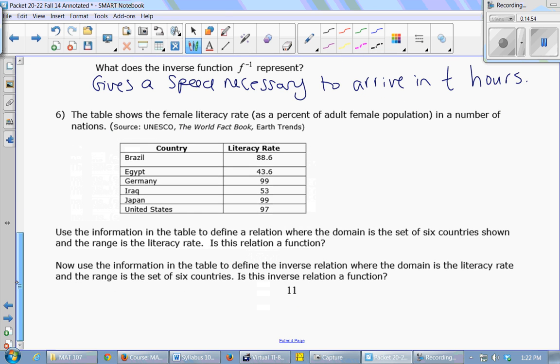Okay, so another in context example here. This table shows the female literacy rate as a percent of the adult female population in various nations. We're going to define a relation where the domain, the set of all inputs, is these 6 countries, and the range is the literacy rate.